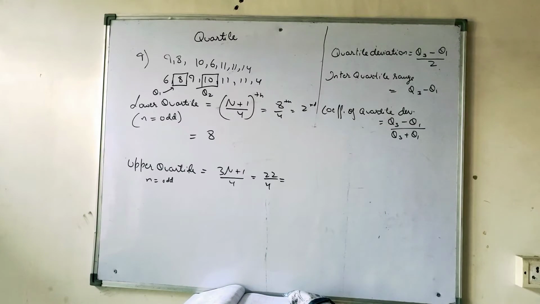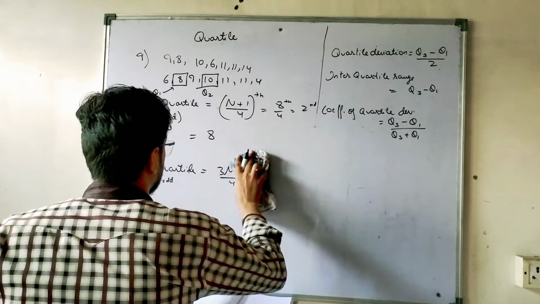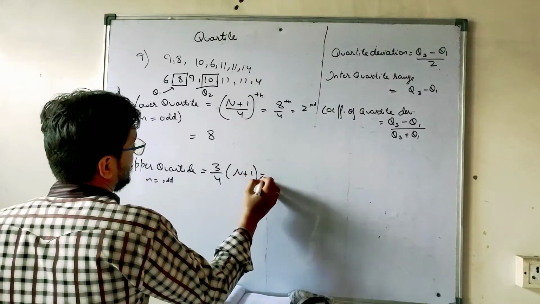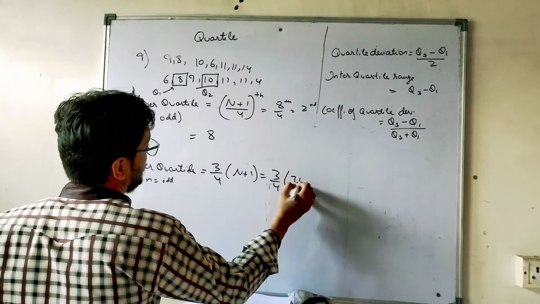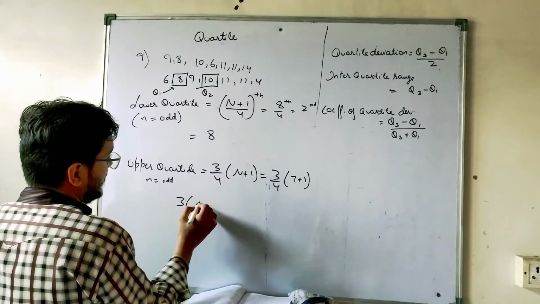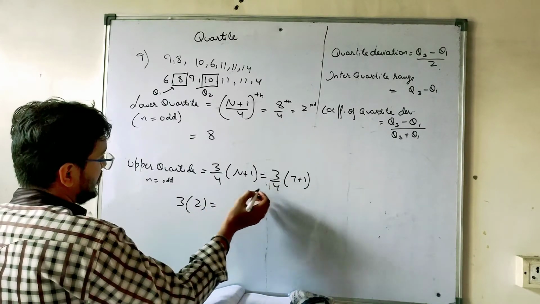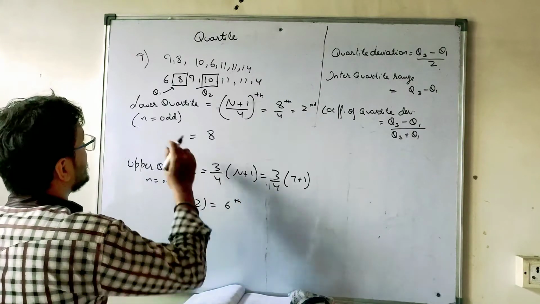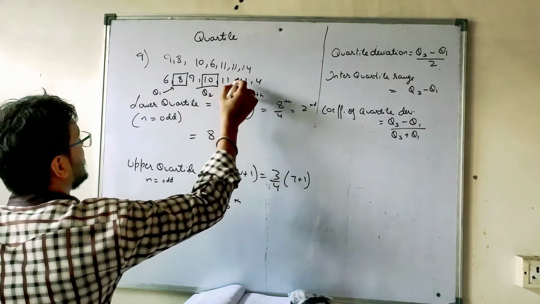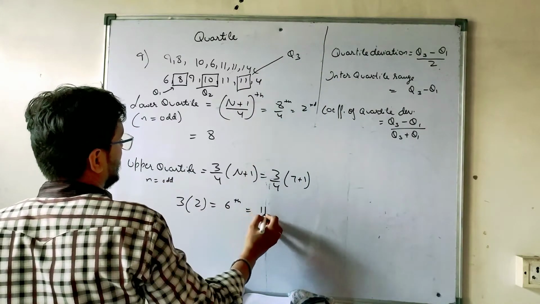The formula is 3 by 4 times (n plus 1). Here n is 7 plus 1, 8. 8 upon 4 is 2, times 3 gives 6. So it is the 6th term: 1, 2, 3, 4, 5, 6. This is Q3, which is 11.